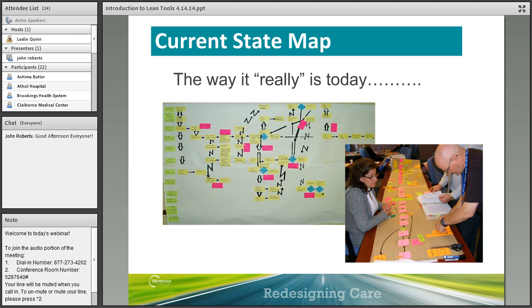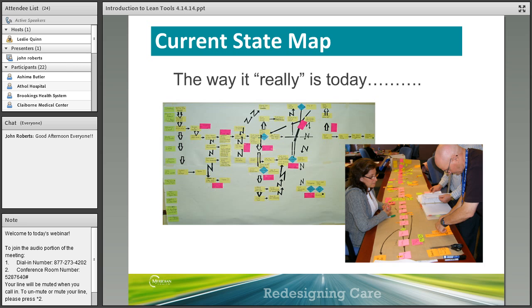When we're going through and looking at what our current state is, how things are really done today, we're always looking at moving some particular steps in the process around. There's things that people may forget or may not recognize, and so when we do it with Post-it notes on a long sheet of paper, we're able to rearrange those things and really get it down to where it reflects the current reality.